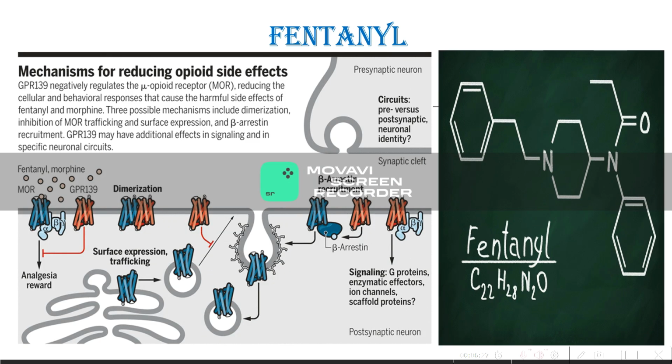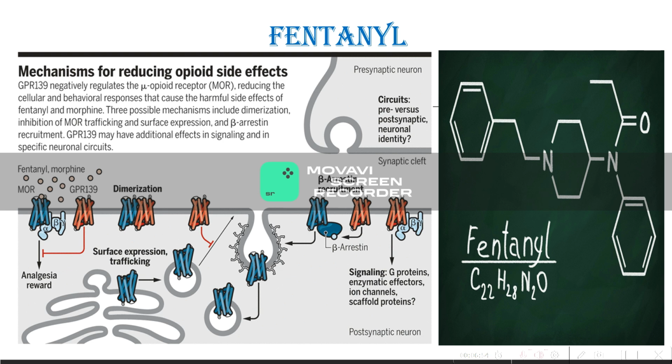Next, fentanyl. This is another derivative of the opioid. The GPR139 receptor negatively regulates the mu opioid receptor, reducing the cellular and behavioral responses that cause the harmful side effects of fentanyl and morphine.